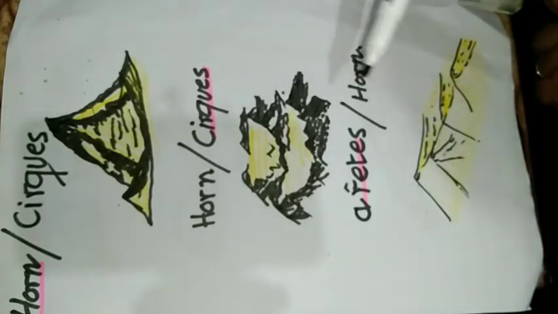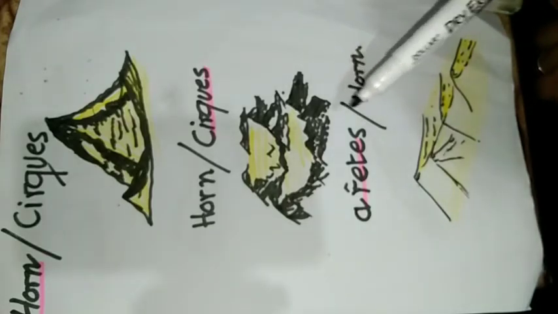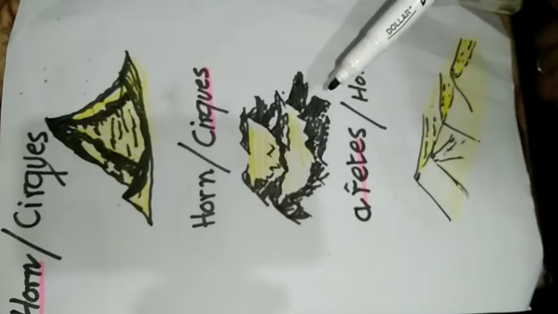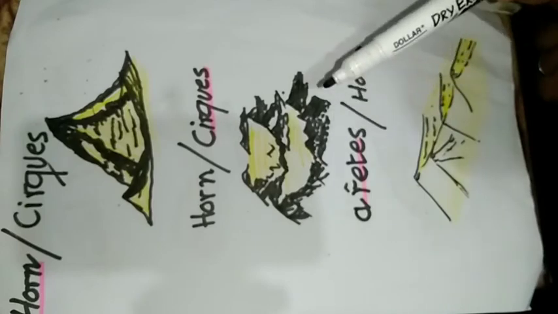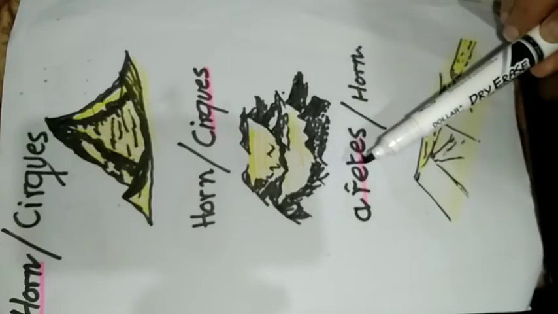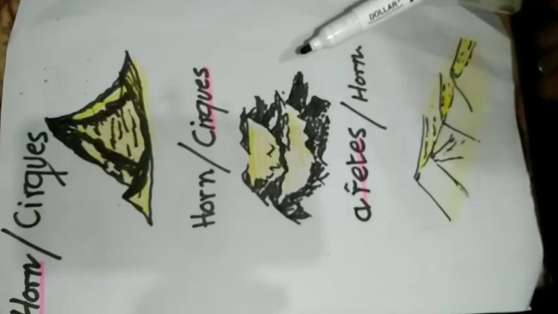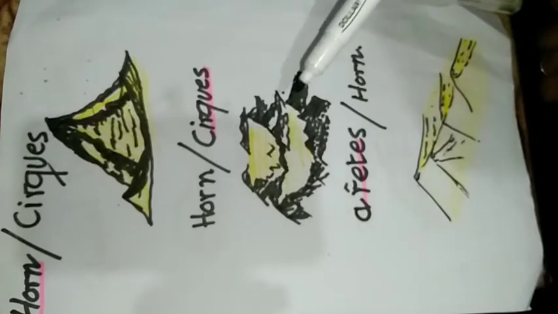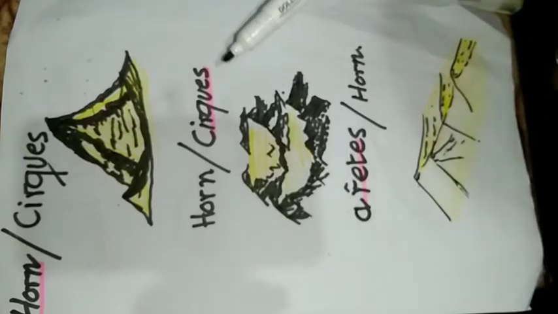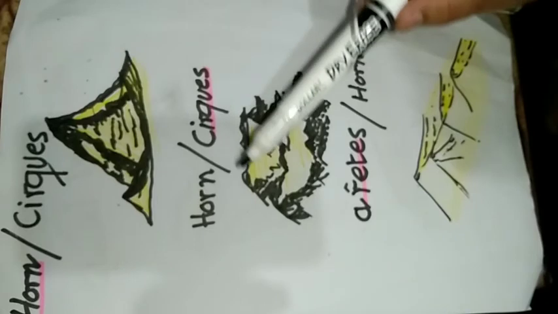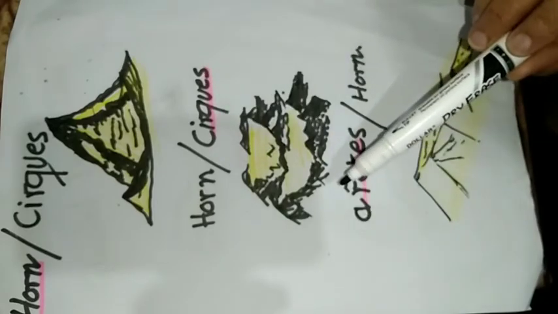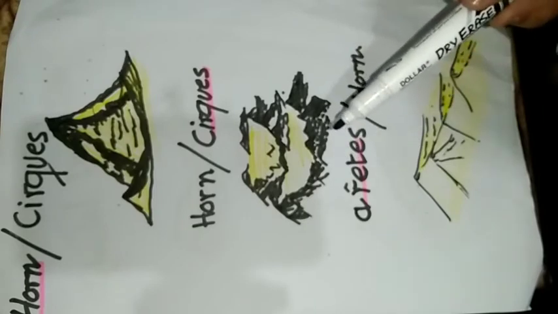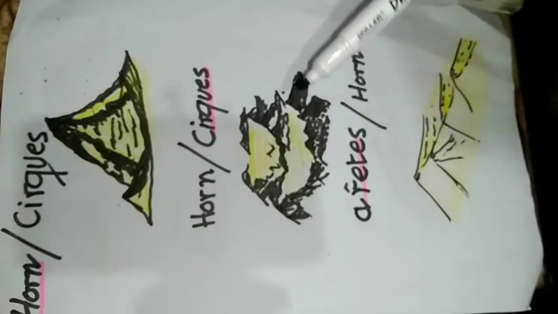Another landform created by glacial erosion is the arête, but first, this is a cirque. A cirque is a bowl-like depression. It has steep walls formed by avalanches.